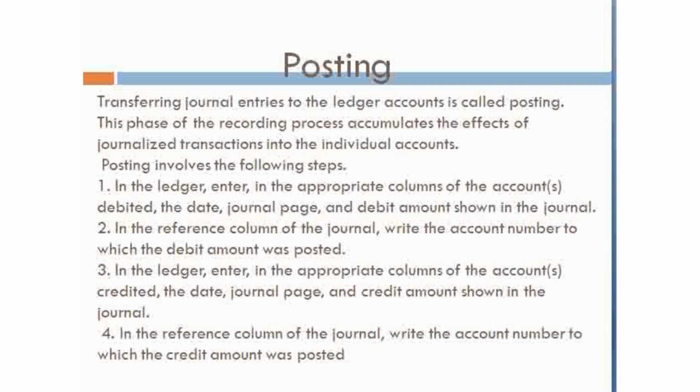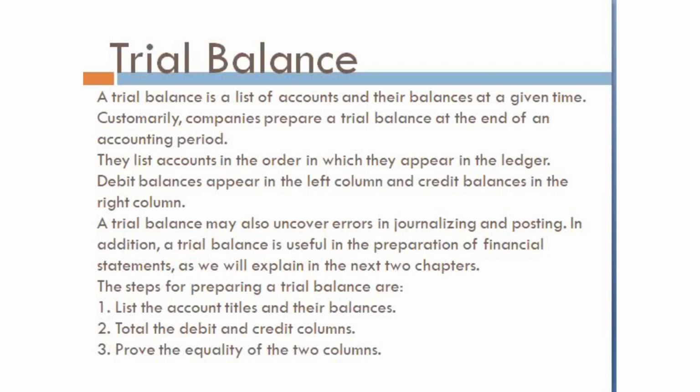In the ledger, enter, in the appropriate columns of the account credited, the date, journal page, and credit amount shown in the journal. 4. In the reference column of the journal, write the account number to which the credit amount was posted.